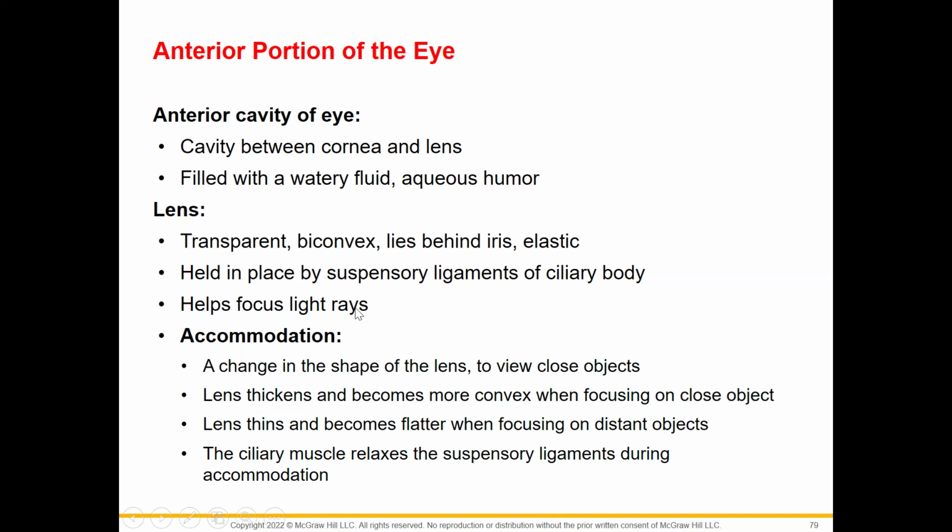Suspensory ligaments of the ciliary body help to focus light rays. So the process of accommodation is the ability to change the shape of the lens so that you can look at close objects.